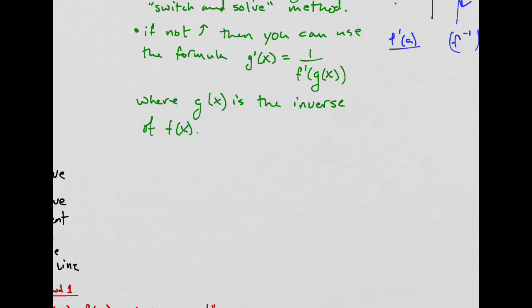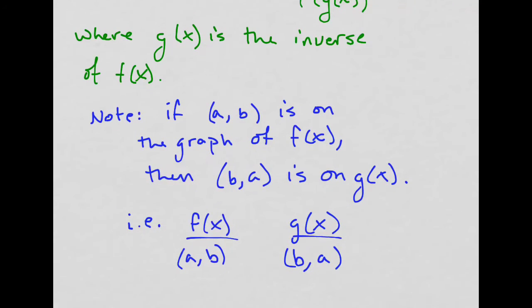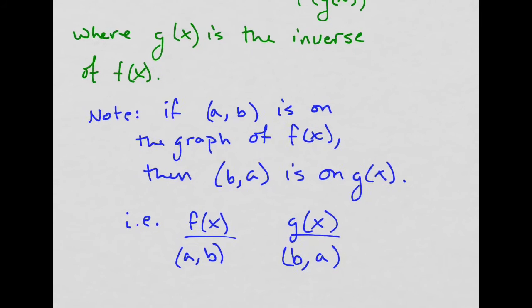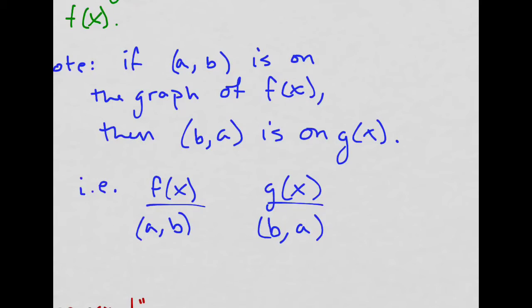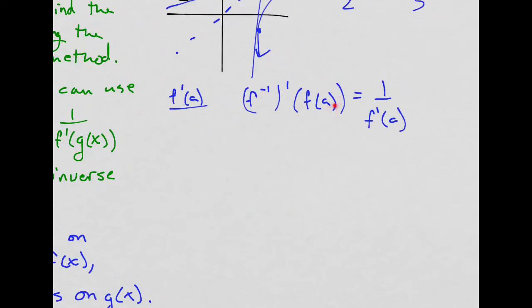Also, a special note: if a comma b is on the graph of f of x, then b comma a is on g of x. This is how we've written it before, and that's what I mean by f of a.